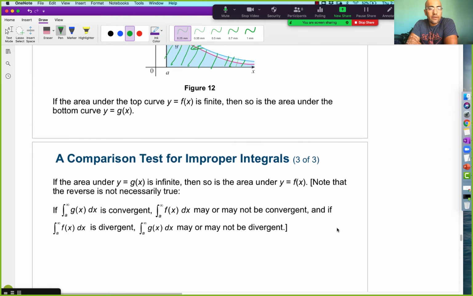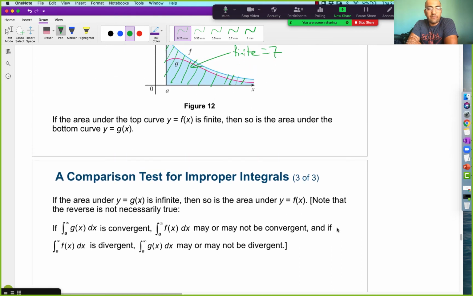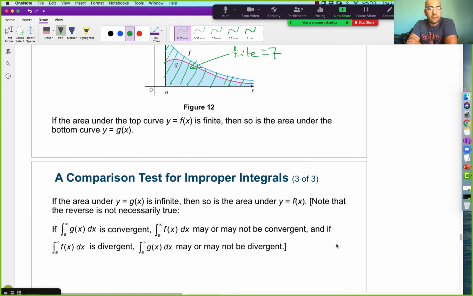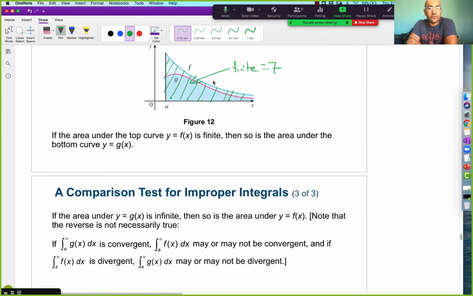So if the area under g of x is infinite, then so is the area of f of x. Note that the reverse is not necessarily true, okay? If I can figure out that g of x converges, the smaller one converges, then I don't know what's going on with the larger one.